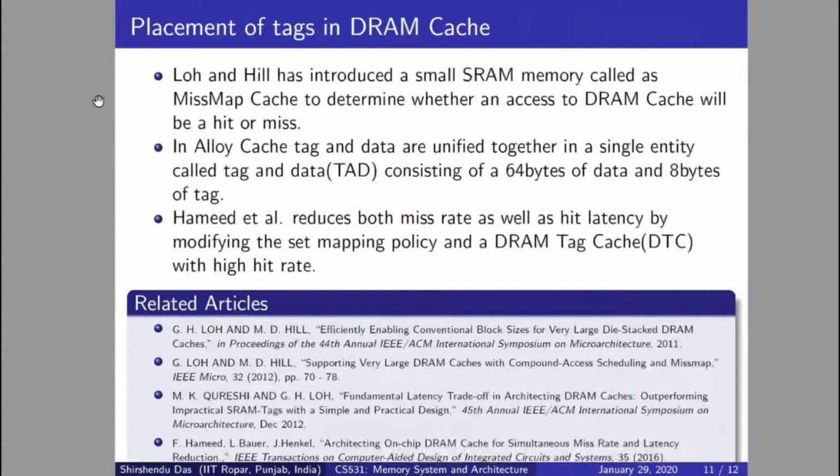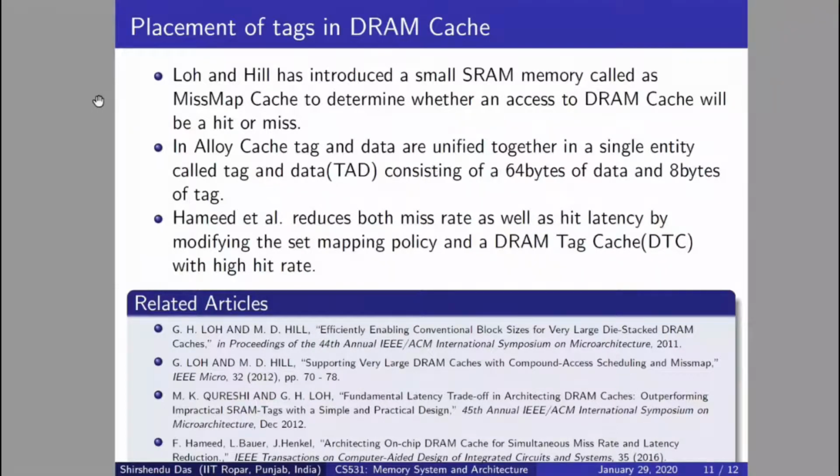There are some challenges in implementing embedded DRAM as a last level cache. One of the major challenges is how to manage the tags. If you design a large last level cache, obviously the tag memory or tag storage is also very large. So how do we handle those tags? There are many options. One option is to design a separate SRAM cache to store all the tags, but that may be very expensive.